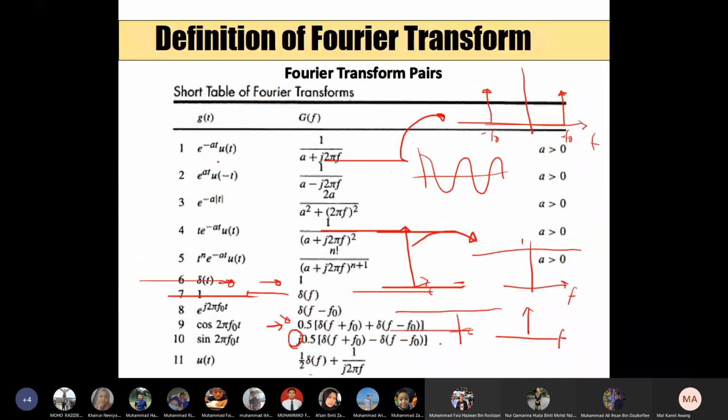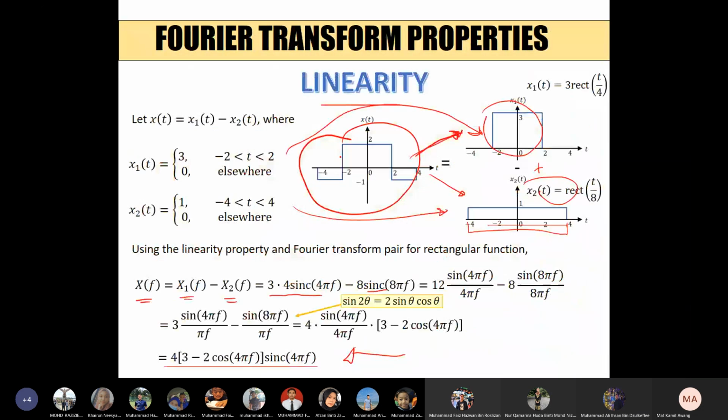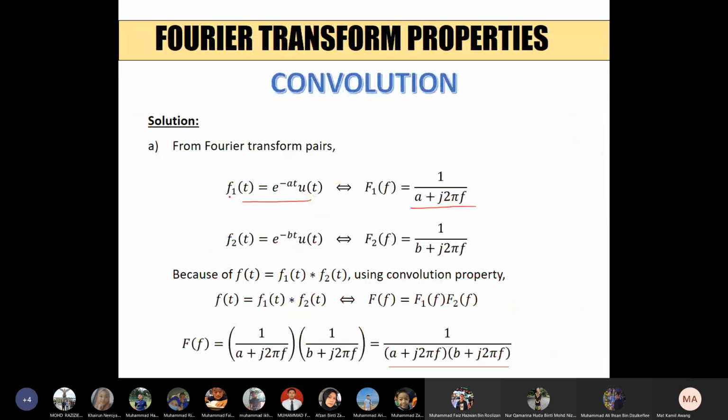This first table: e to the minus a t u of t gives 1 over a plus j2 pi f. So we use the table, and we get the transform of this.